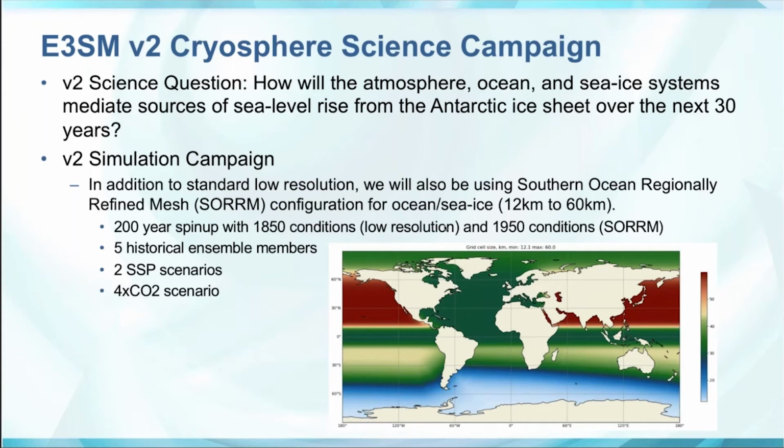This goes down to about 12 kilometers all around the Southern Ocean, extending up to about 40 kilometers in the tropical Atlantic and 60 kilometers in the tropical Pacific. In fully coupled configurations, this is still paired with the standard low resolution atmosphere.